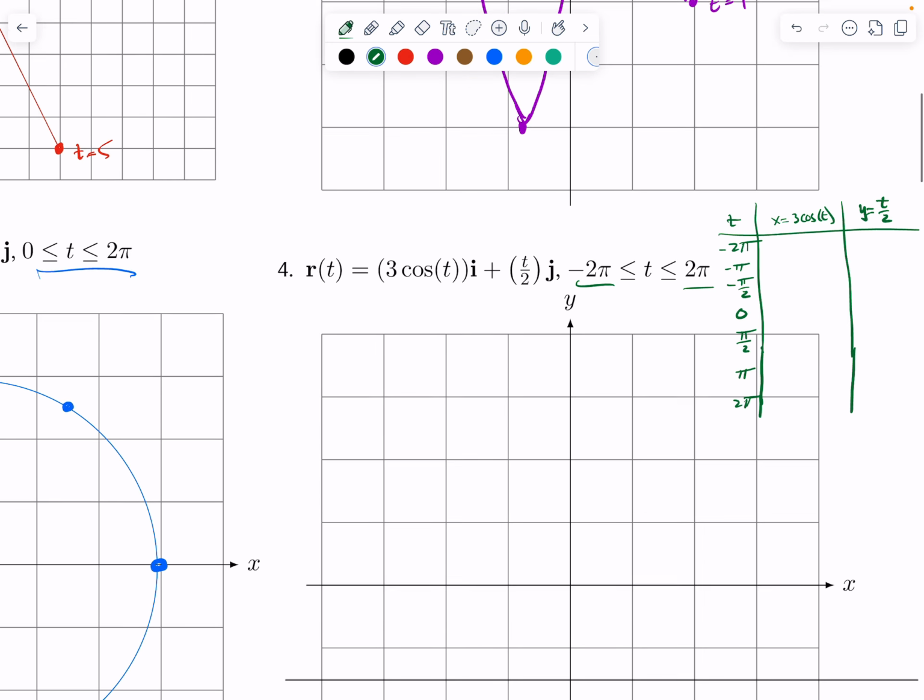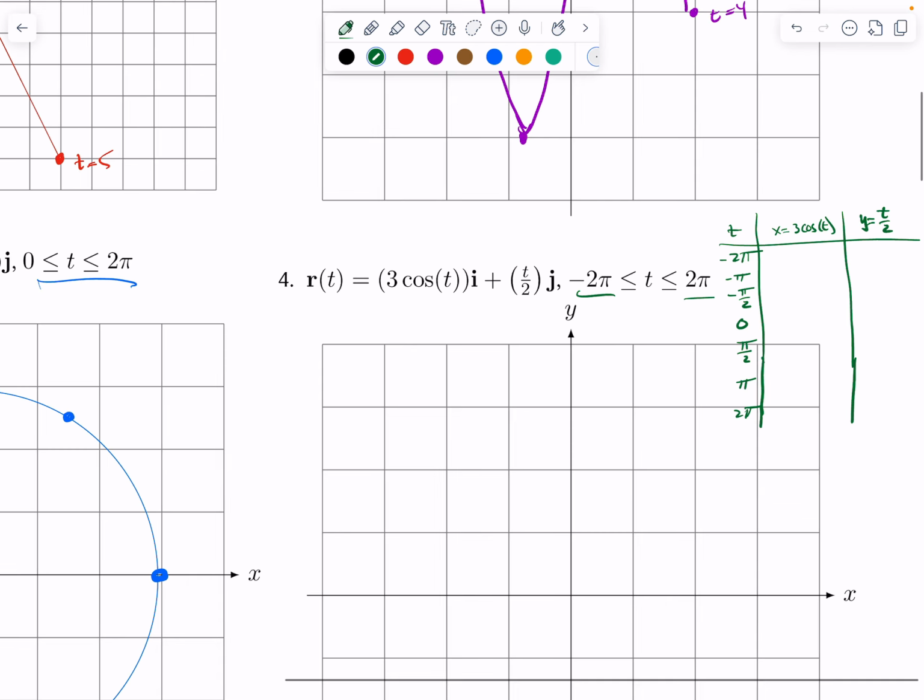All right, I'll try to blow through this pretty quickly. 3 times the cosine of -2 pi is 3. And this will just be -pi. That will be -3 times cosine of negative pi is negative 3. And then this will be negative pi over 2, pi over 4.